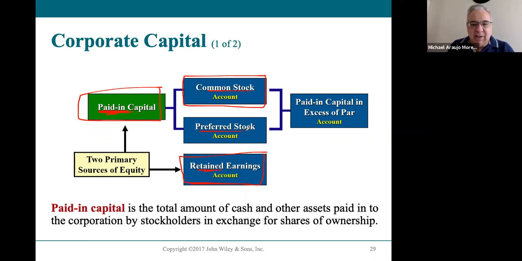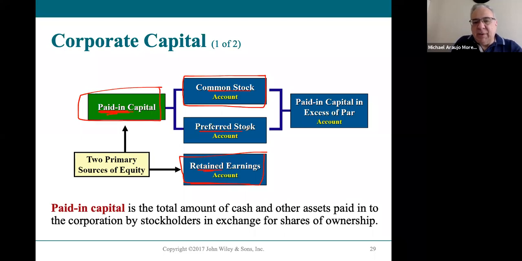They're guaranteed dividends first before the corporation can give dividends to common stockholders. And so preferred stockholders are owners without the voting rights that you saw earlier. When the company has a dividend, preferred stockholders get it first, common stockholders get it next.